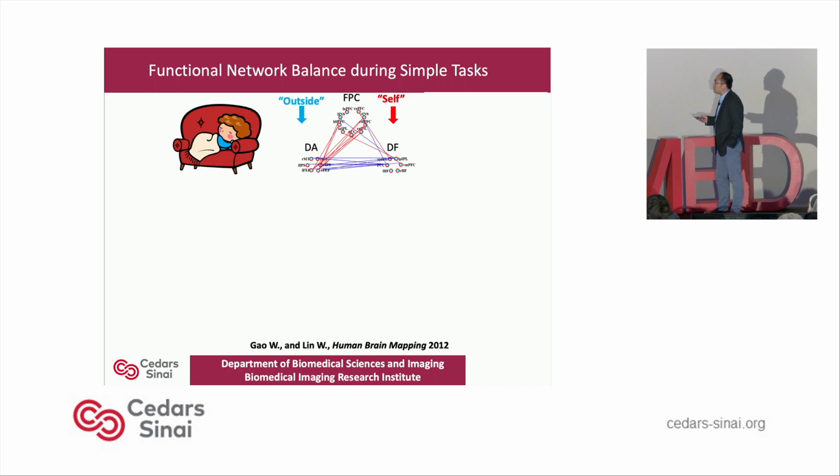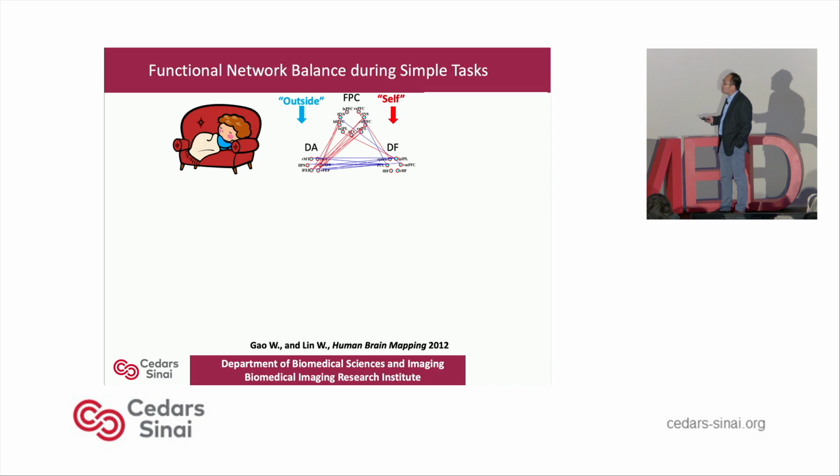This shows you the network interaction pattern during the resting state. The subject is in the scanner, doing nothing, no particular instructions. This is the frontal parietal control system, the combination of the evaluation and control networks. This is the dorsal attention network, which we term the outside network. This is the default mode network, which we term the self network.